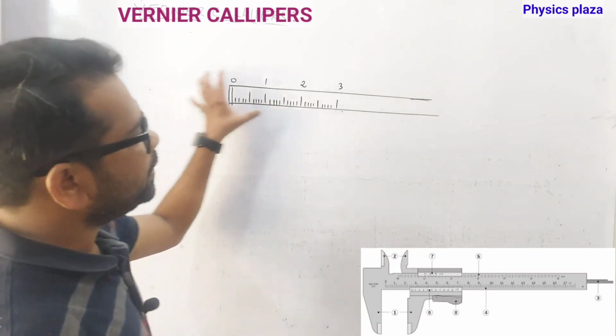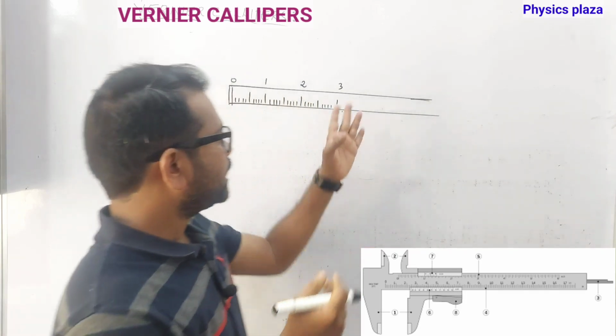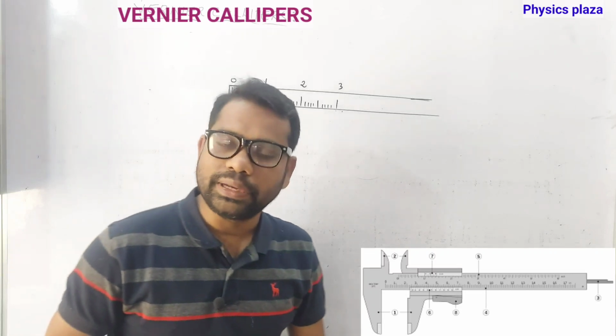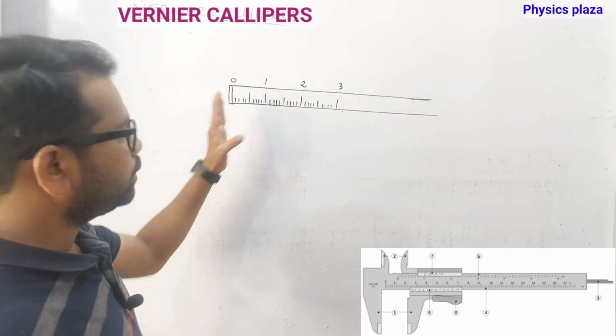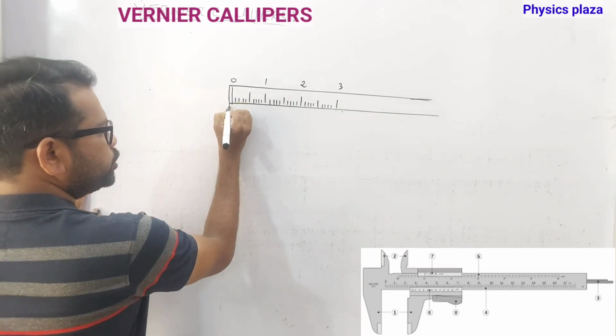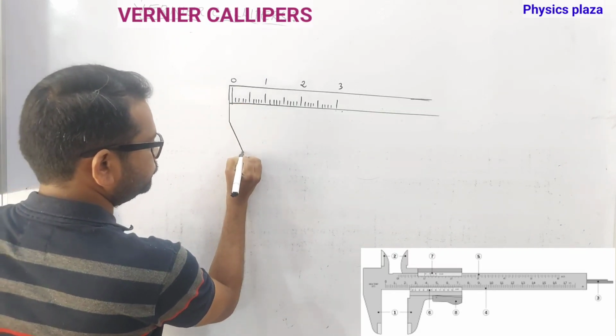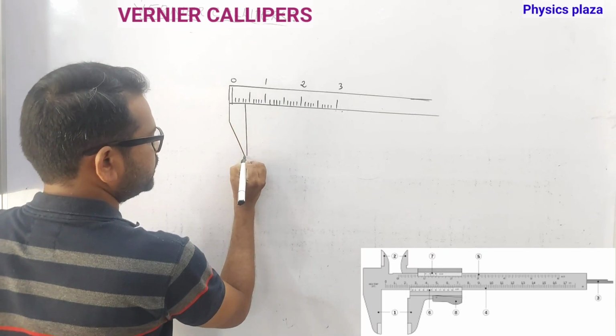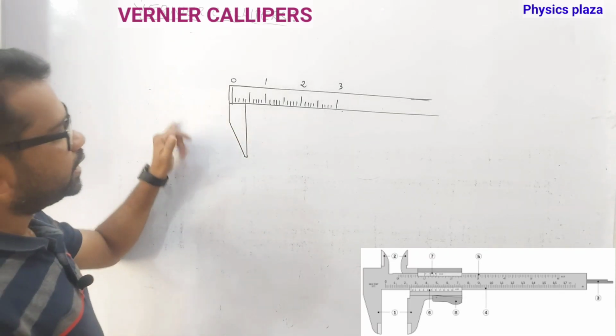So children, this is the main scale. The main scale, as I told you, is a rectangular metallic strip on which a scale is calibrated so that one division is equal to 1 millimeter. On the left side of the main scale there is one jaw. We can call this a fixed jaw.